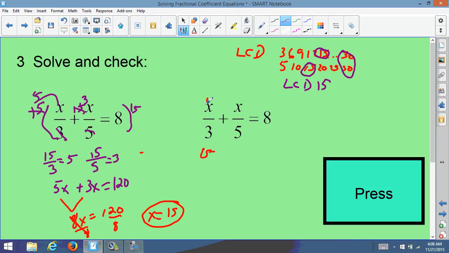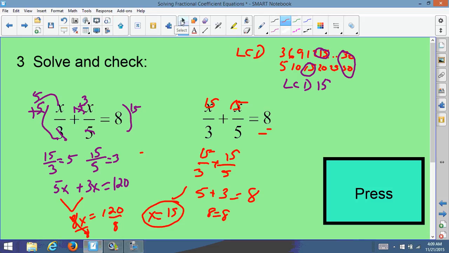So I'll put a 15 here and a 15 here. 15 divided by 3 will give me 5, plus 15 divided by 5 will give me 3. 5 plus 3 should equal 8. And yes, it does. So I know my answer of 15 is definitely correct.